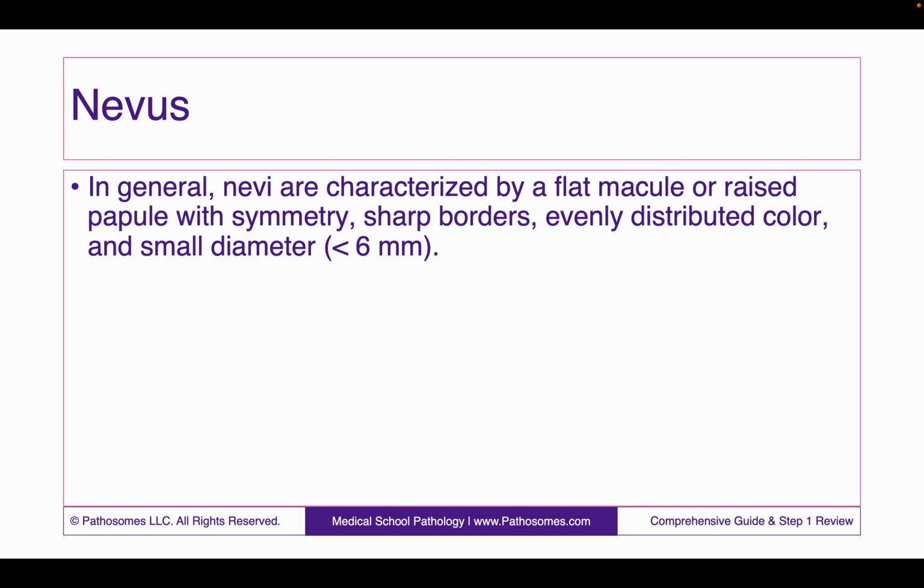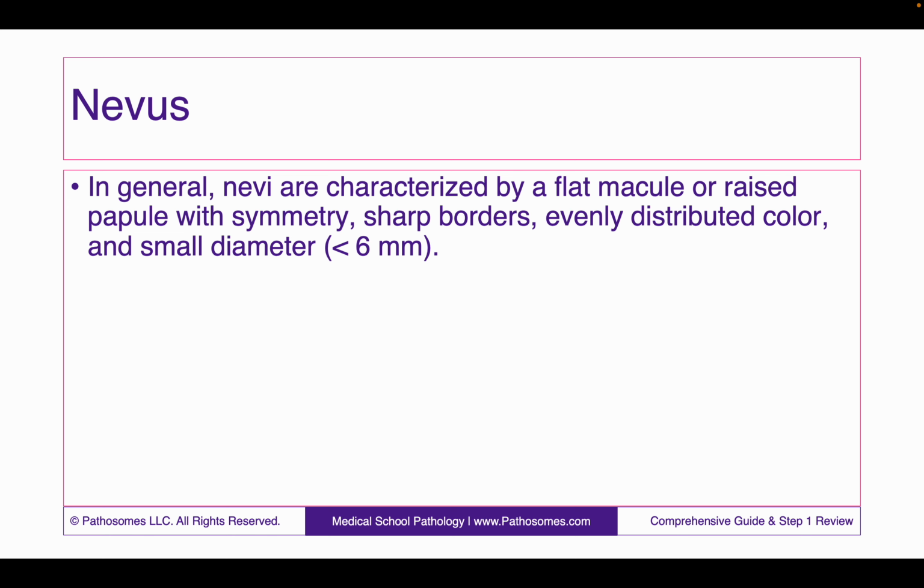In general, nevi are characterized by a flat macule or raised papule with symmetry, sharp borders, evenly distributed color, and small diameter, less than 6 millimeters. And since we're on the subject, regarding melanocytic lesions, what does A, B, C, D, E mean?